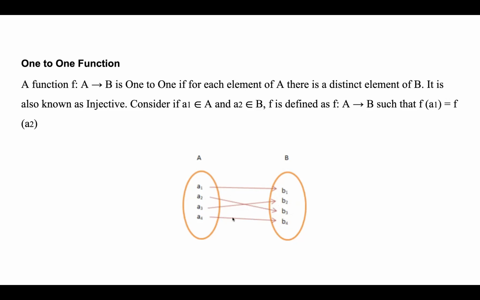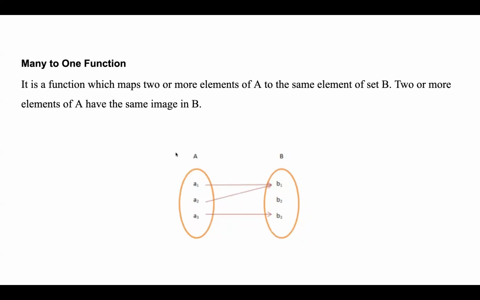This type of function is known as a one-to-one function: one element of the first set is assigned to only one element of the second set. If A1 is assigned to B4, then it will not be assigned to B3, B2 or B1. Only B4 will be there. Like this, one-to-one functions are there.